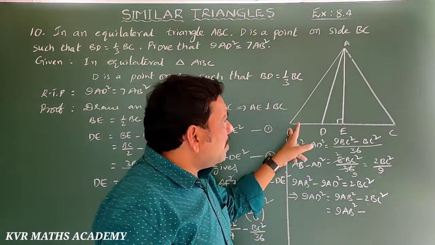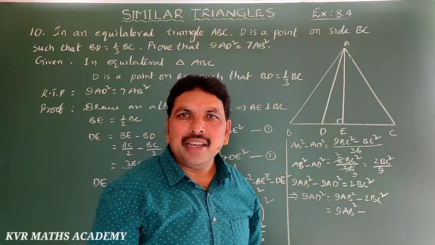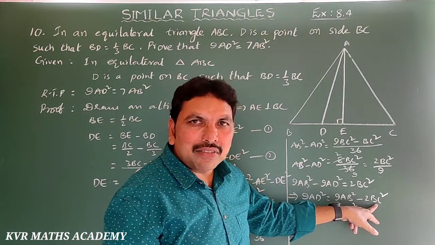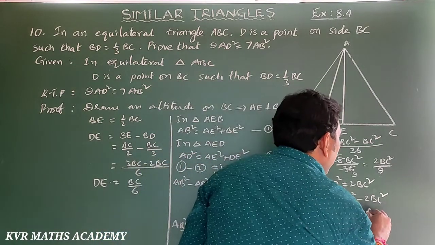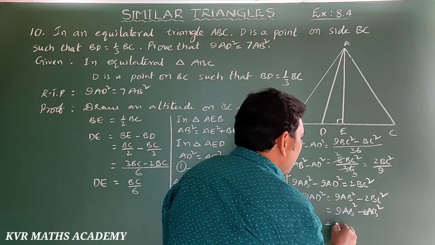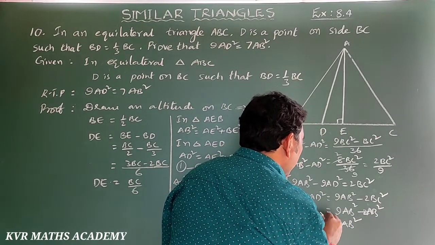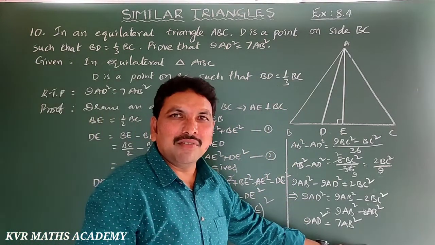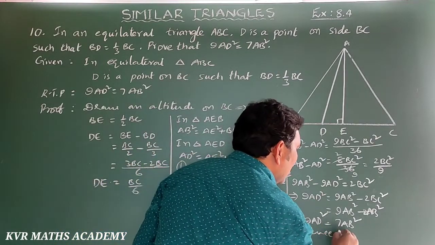Here AB, BC and CA are all equal, since all the sides are equal in an equilateral triangle. So in place of BC square, we substitute AB square: 9AB square minus 2AB square is 7AB square. So 9AD square is equal to 7AB square. Hence proved.